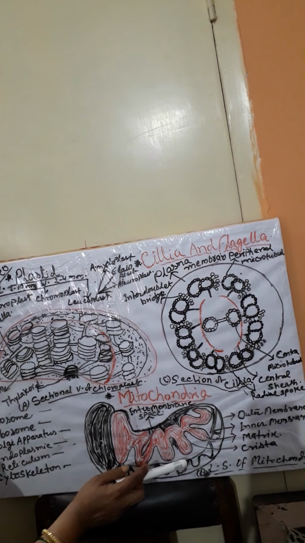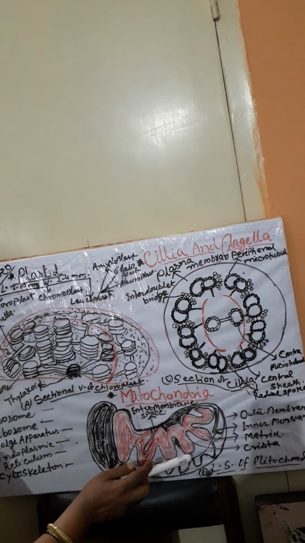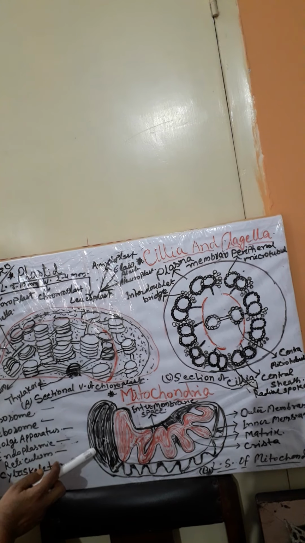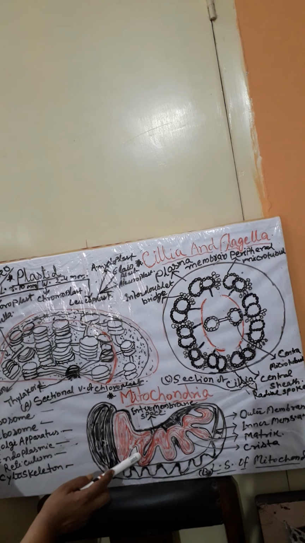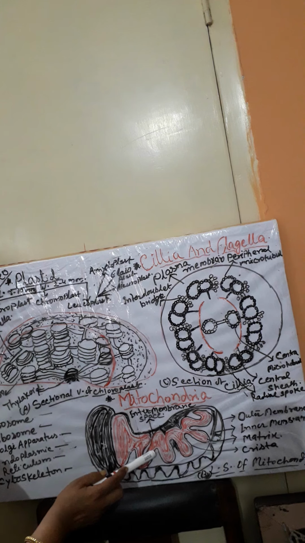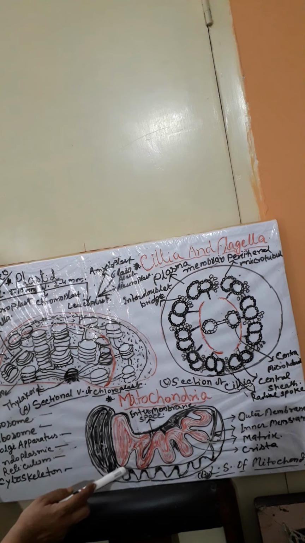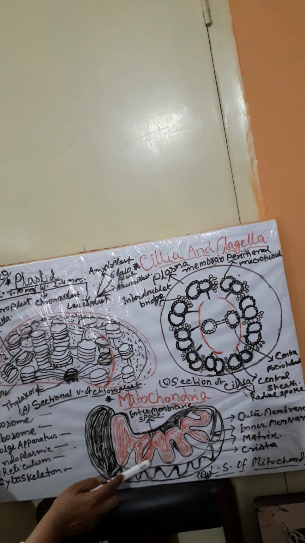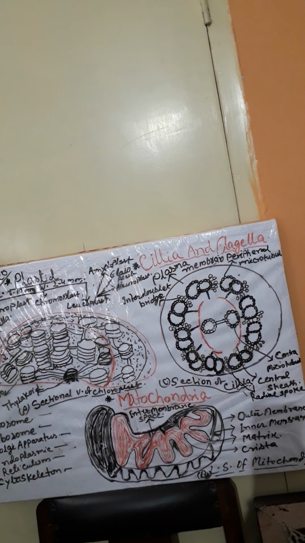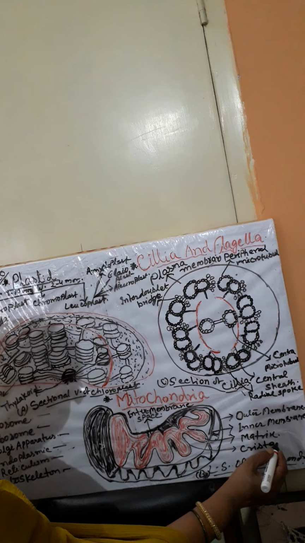The outer membrane forms the boundary and the inner membrane forms a number of enfolding structures. These are called cristae.